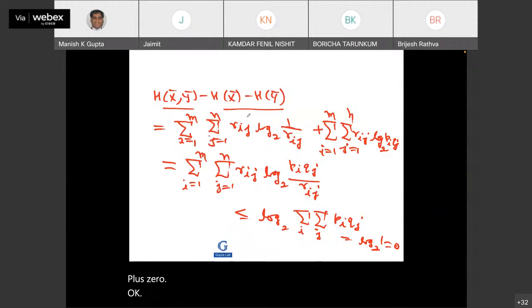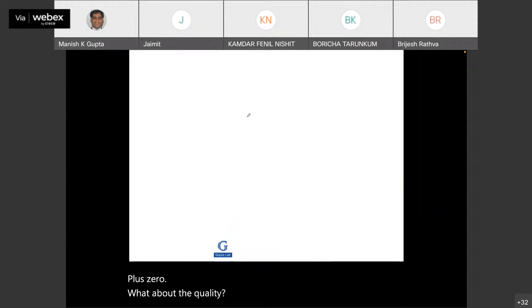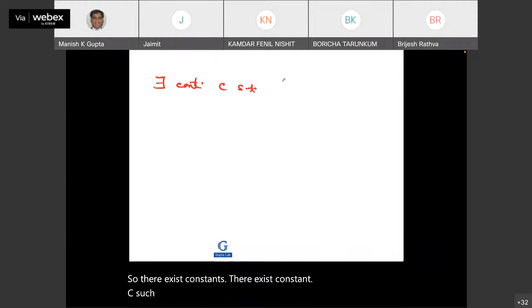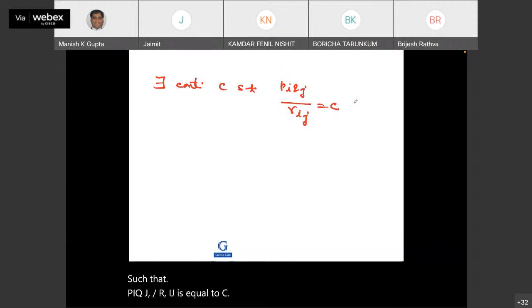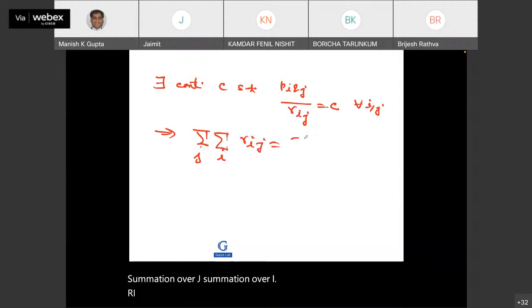Now, what about the equality? There exists a constant C such that pi qj divided by rij is equal to C for every i, j, right? This implies that summation over j, summation over i, rij is the same thing as summation over j, summation over i, pi qj.